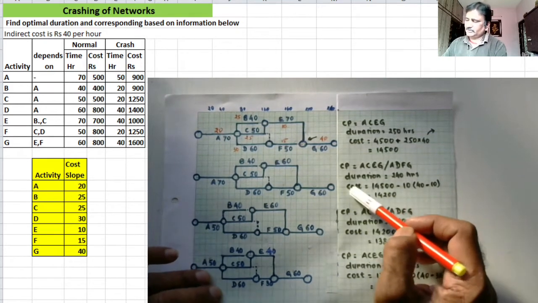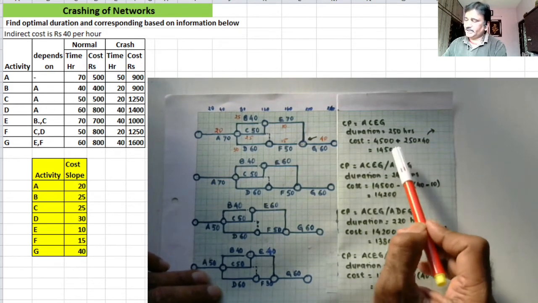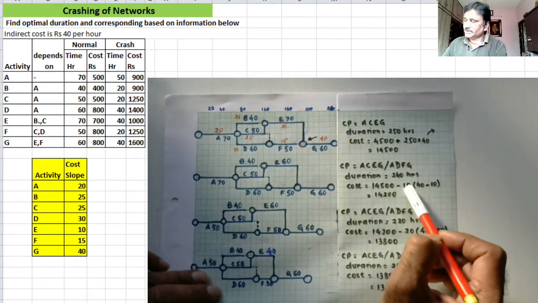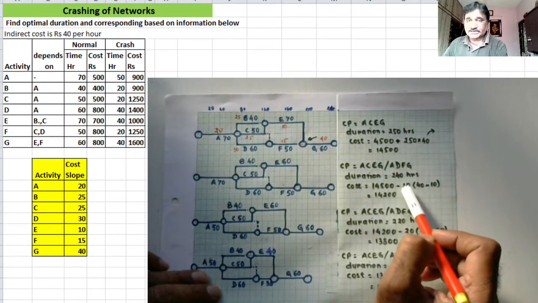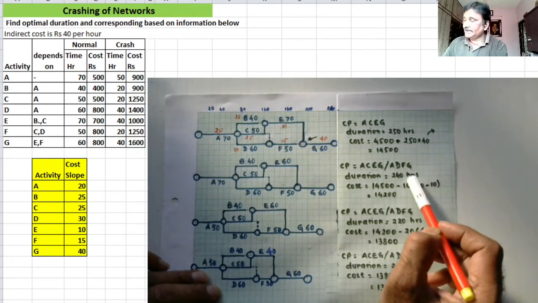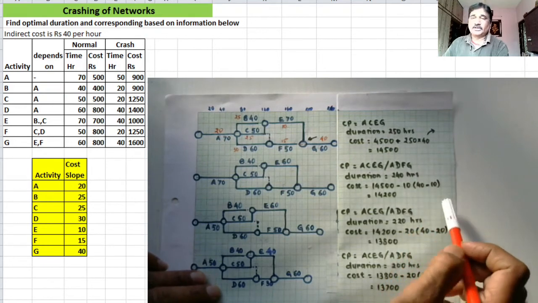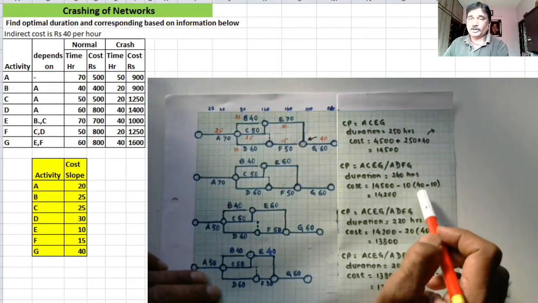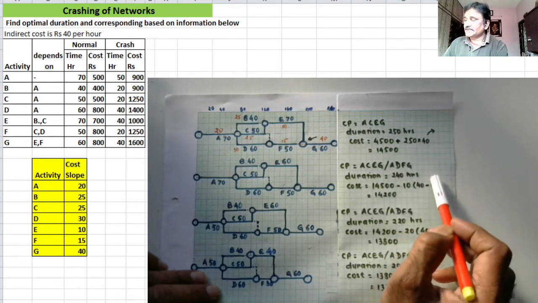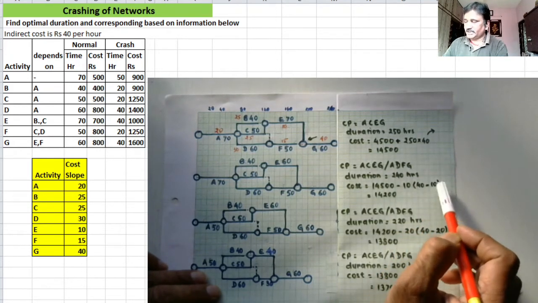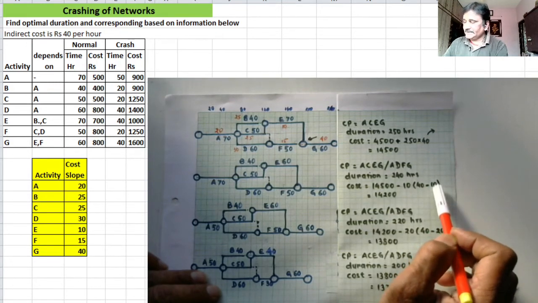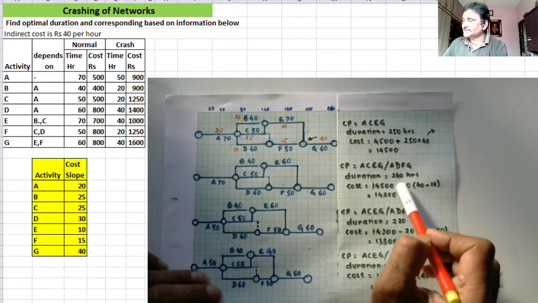All in all, this calculation of the cost is to be done like this: you take earlier cost 14,500 and you are saving 10 hours, and 10 hours will be multiplied by the amount you are saving. What is the amount you are saving? 40 is the indirect cost minus 10 is the crashing cost per hour of activity E. So 300 rupees you are saving.